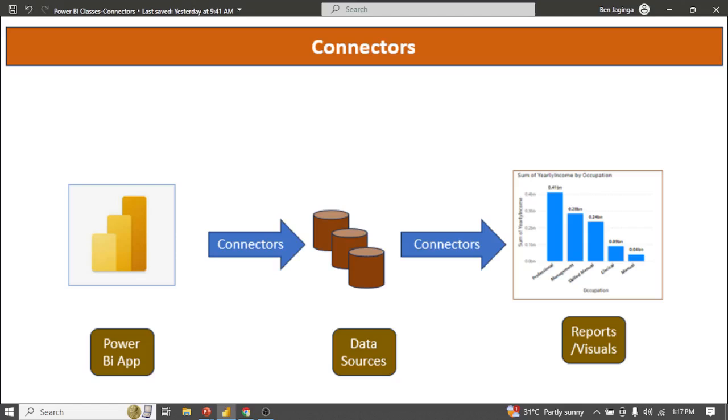And again, we can say connectors are interfaces that allow Power BI to connect to various data sources, or they enable us to import, transform, and interact with data from multiple platforms, services, and file types. So we have various types of connectors.